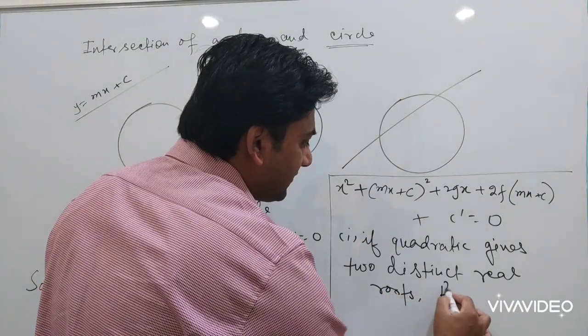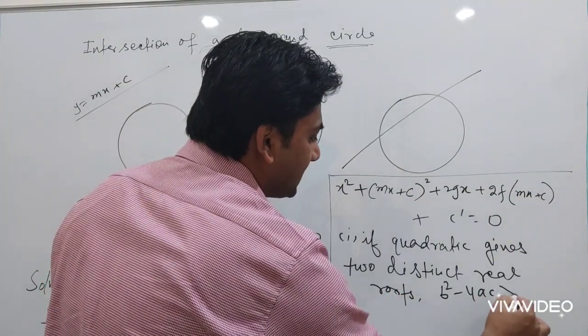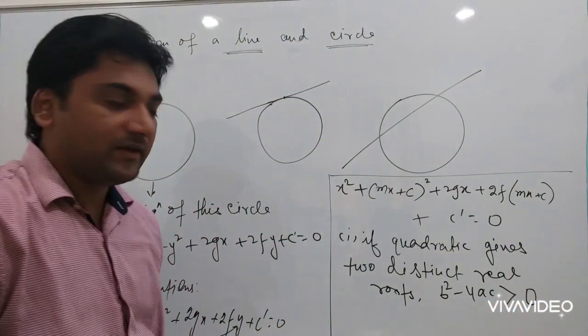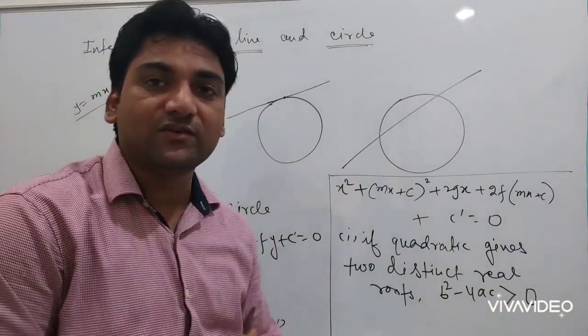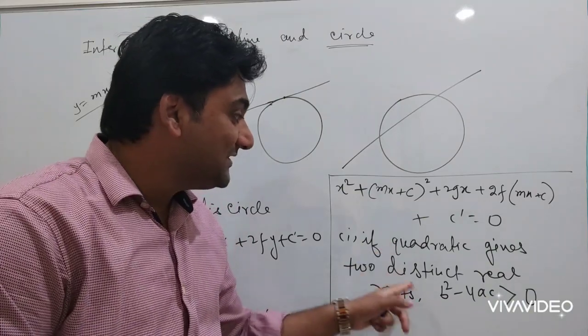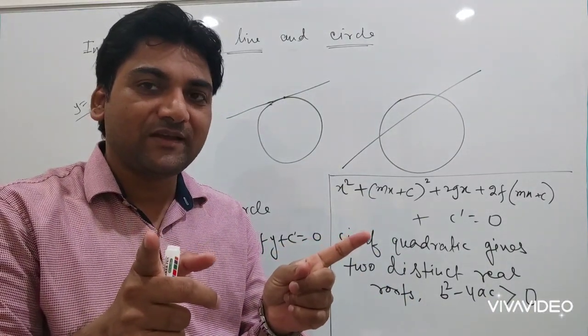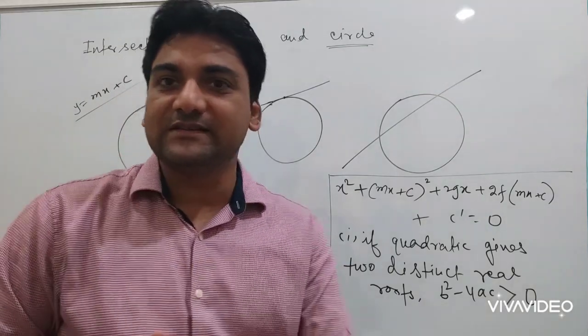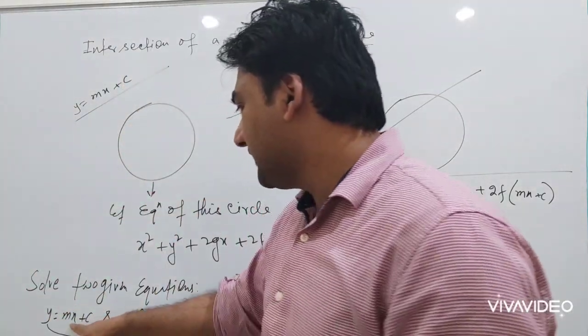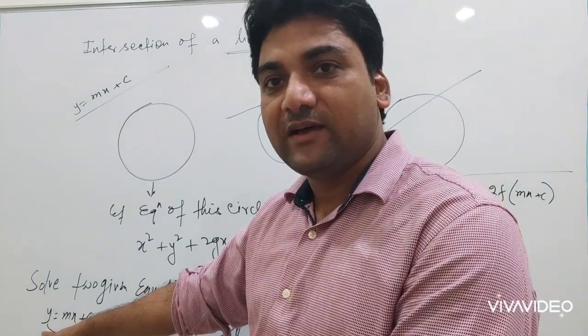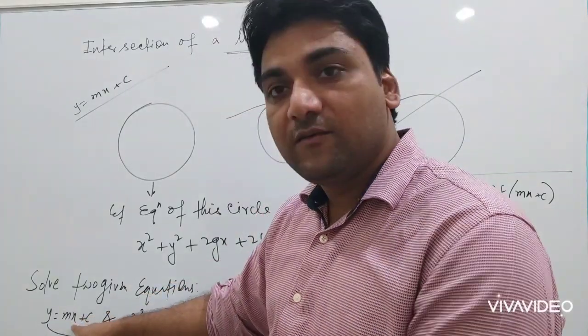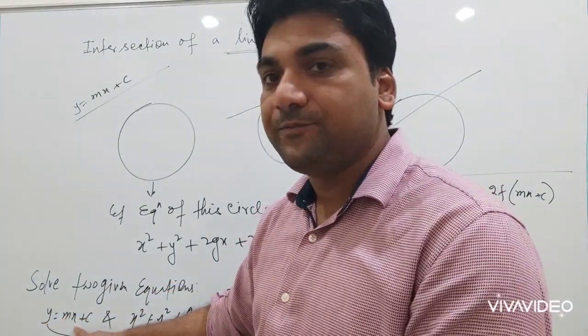The condition was b square minus 4ac greater than 0, right? When you get two distinct real roots, it means you got two values of x. You will put one value of x over here and get the corresponding y value. You will put another value of x and get another y value.